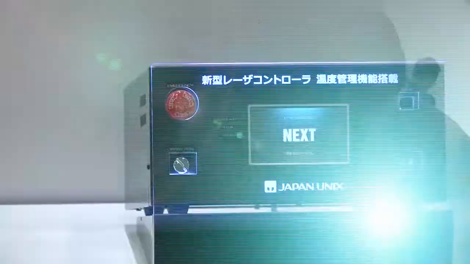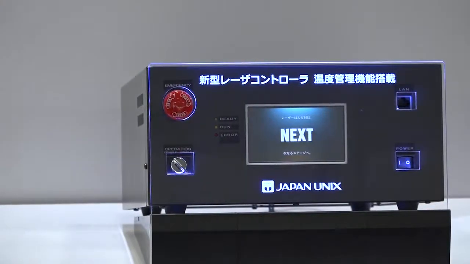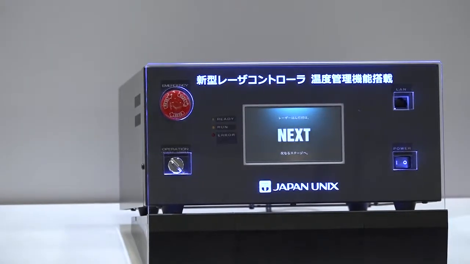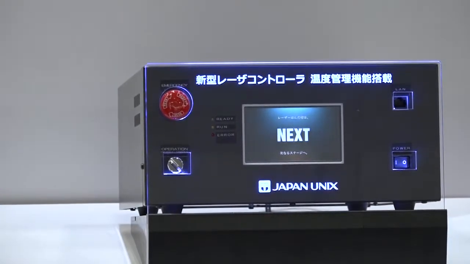For example, for mass production, the customer might ask for a certain PCB or product, what is the fixed laser profile? But in this case, the customer cannot have the fixed laser profile because just the laser power is following to achieve the target temperatures. But for our system, they can control both the laser power and the temperature.